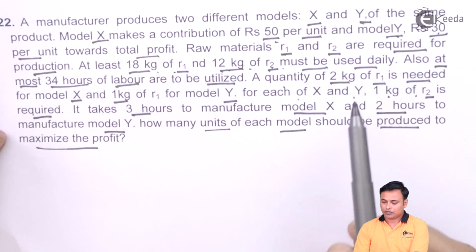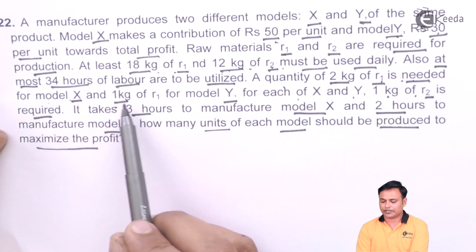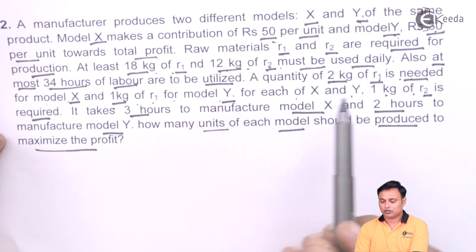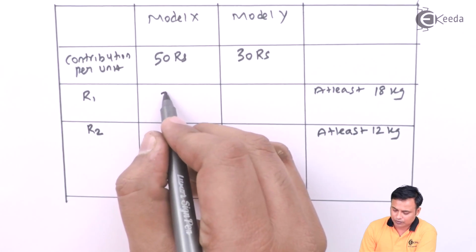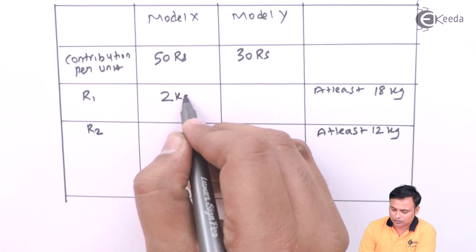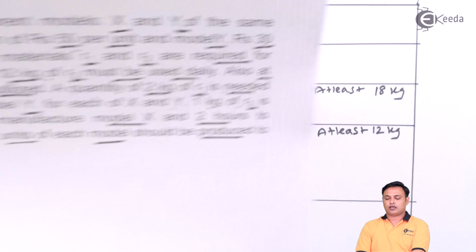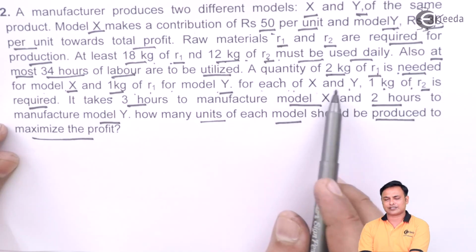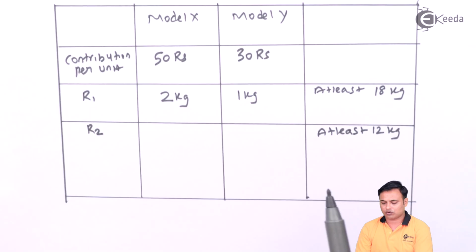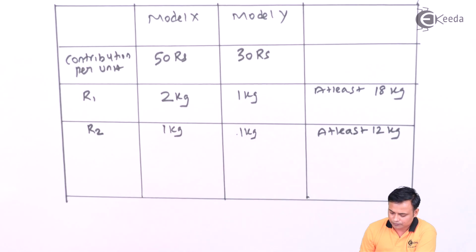Then a quantity of 2 kg of R1 is needed for model X and 1 kg of R1 for model Y. So 2 and 1 is the quantity required for R1. Model X में 2 kg and model Y में 1 kg. And then 1 kg of R2 is required for each of X and Y. X और Y दोनों में R2 का 1 kg लगता है.